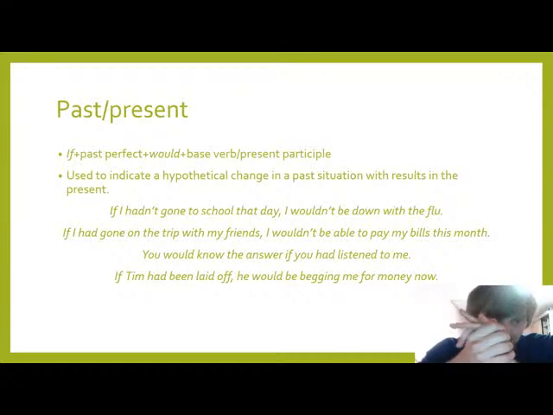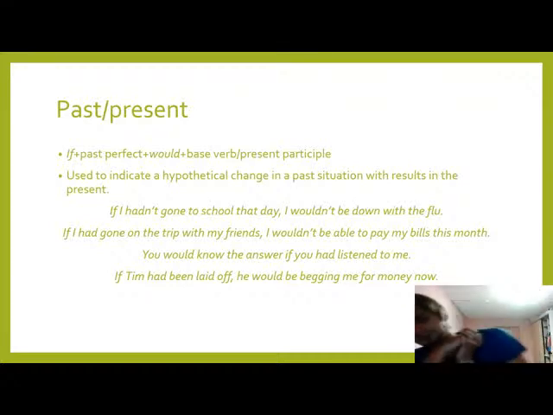It is used to indicate a hypothetical change in a past situation with results in the present. For example, if I hadn't gone to school that day, I wouldn't be down with the flu.